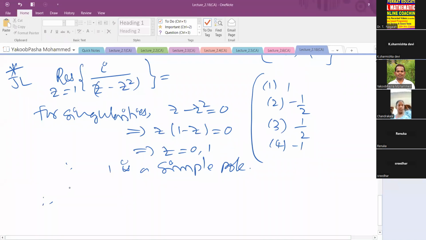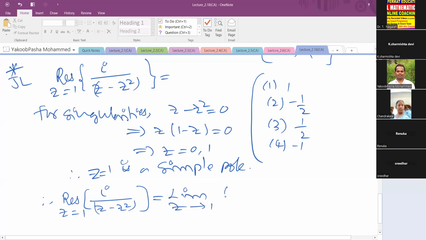z is equal to 1 is a simple pole. So the residue of the function i by z minus z square at z is equal to 1 is the limit z tends to 1 of z minus 1 into the function f of z, that is i by, z minus z square can be written as z into 1 minus z.